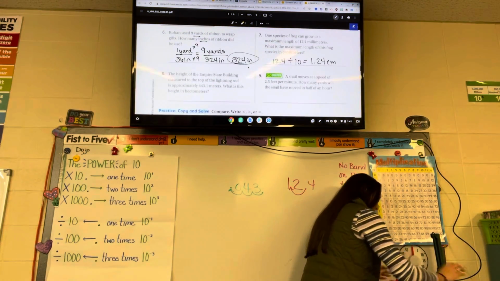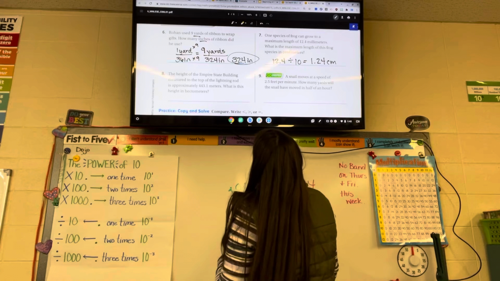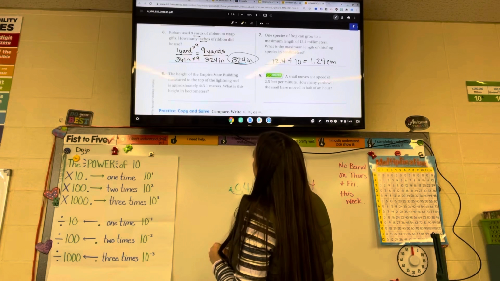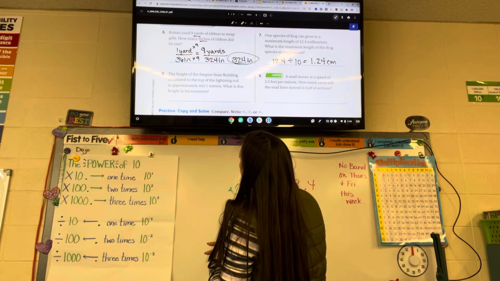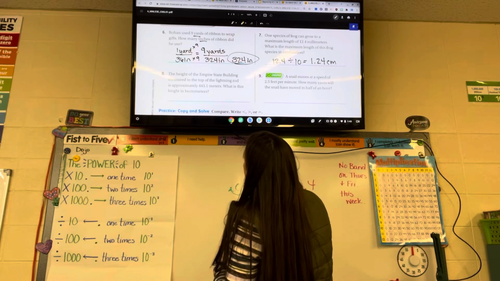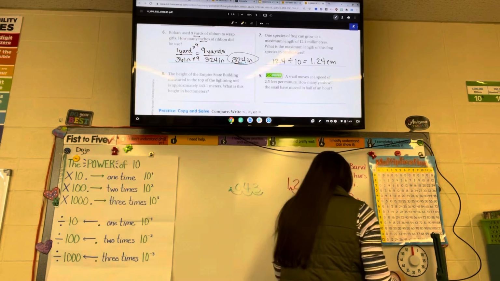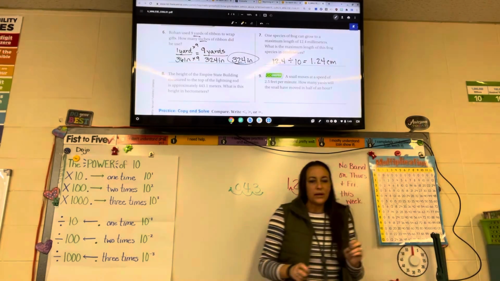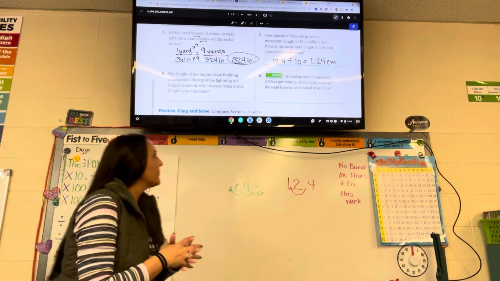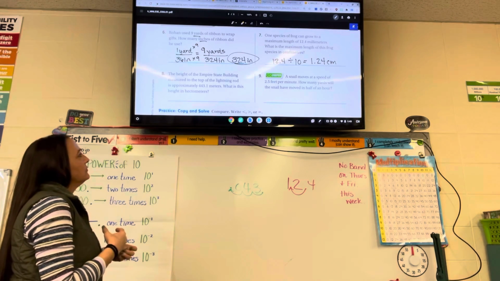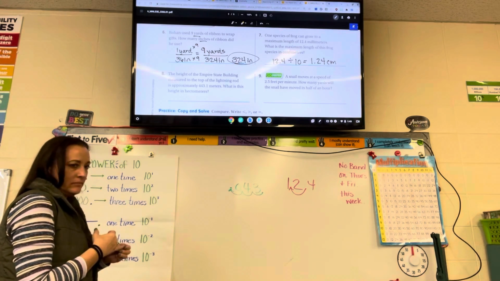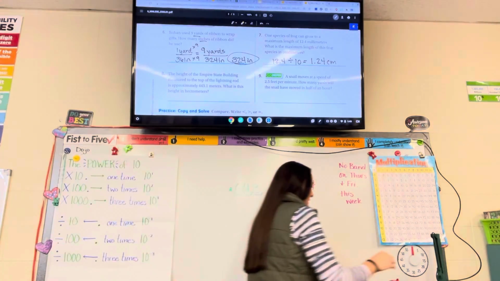The height of the Empire State Building measured to the top of the lightning rod is approximately 443 1/10 meters. What is this height in hectometers? So we are going from what to what, Skylar? Meters to hectometers. Very good. Nice job.